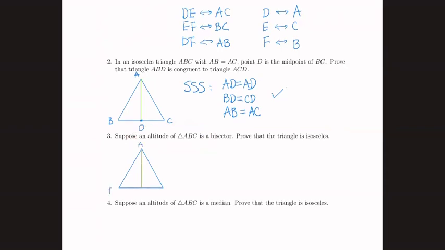A, B, C. The extra information about this altitude is that it's also a bisector, the angle bisector. Now we want to prove that this triangle is isosceles. So it's the other way.